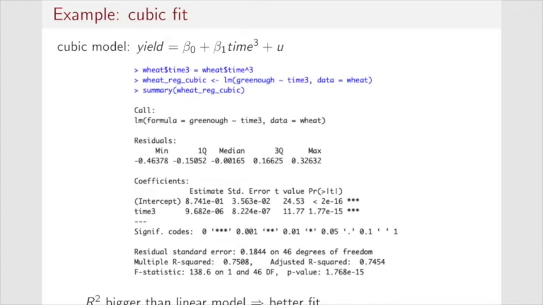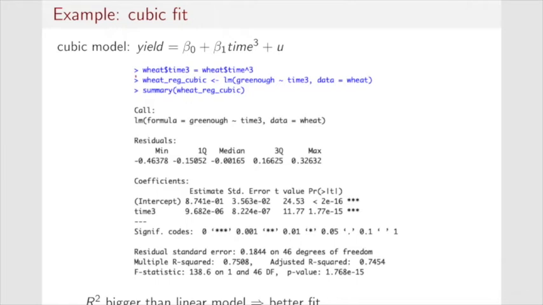For example, if we use the cubic form, here are the regression results. The reason we think about the cubic form is that the function has the pattern that the slope can decrease first and then increase again. The regression is similar.